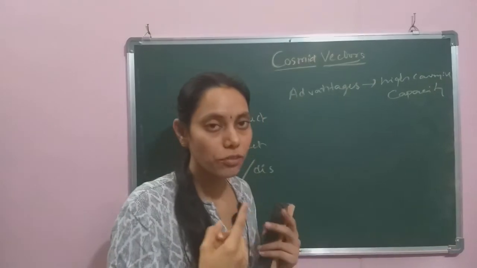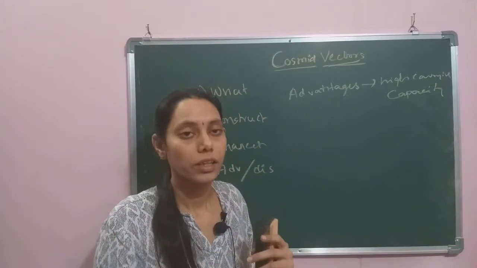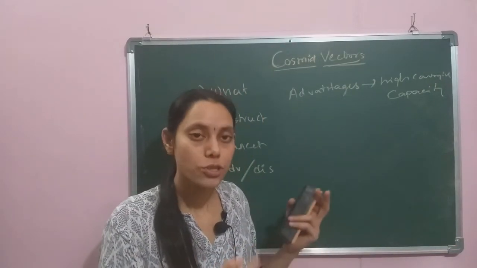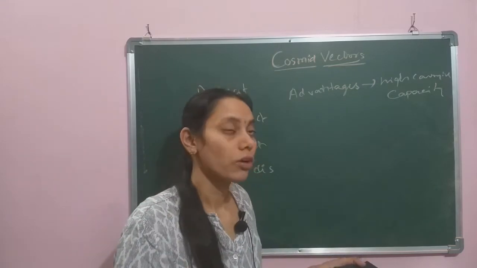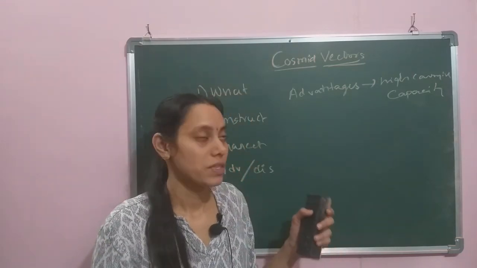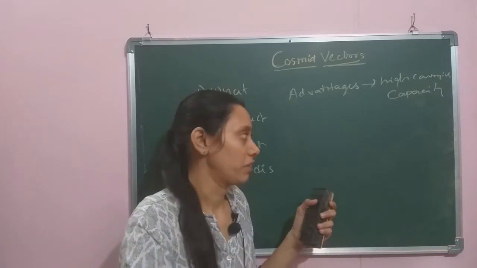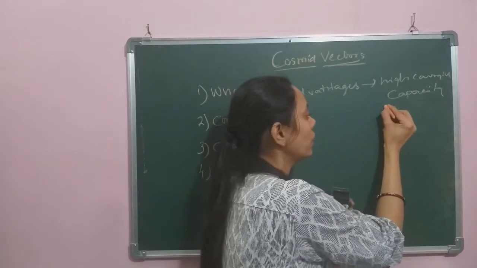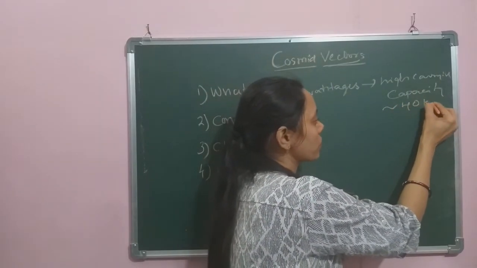That means the gene of our interest or the target DNA can be larger than with the usual plasmid vectors, and also the carrying capacity is higher than the lambda phage vectors. So it is up to 40 kilobase pairs.